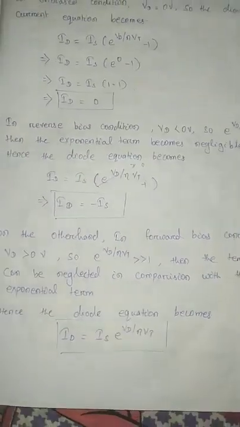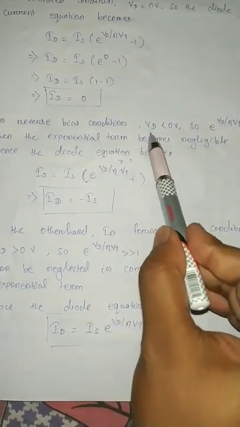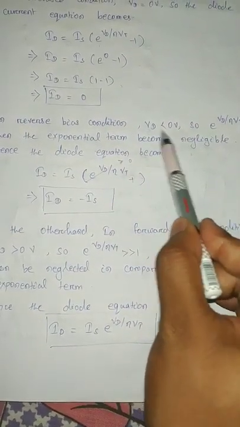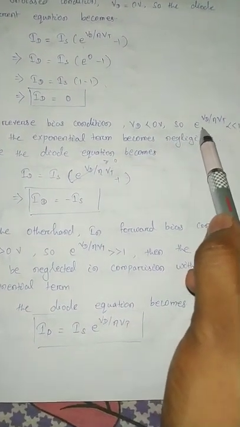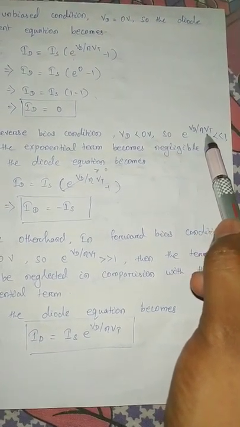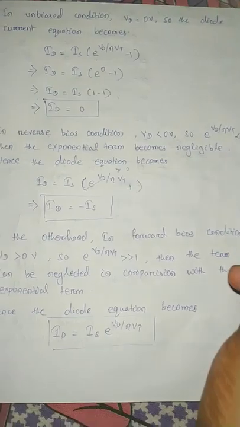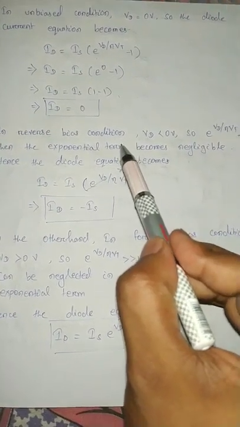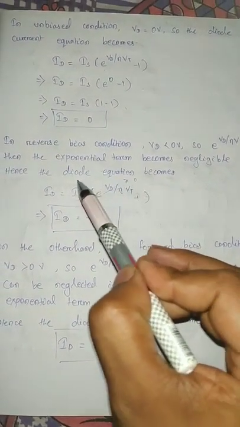In case of reverse bias condition, the supply voltage Vd is less than 0 volt. So the exponential term e to the power Vd divided by eta Vt is very much less than 1. So this exponential term can be neglected in comparison to 1.